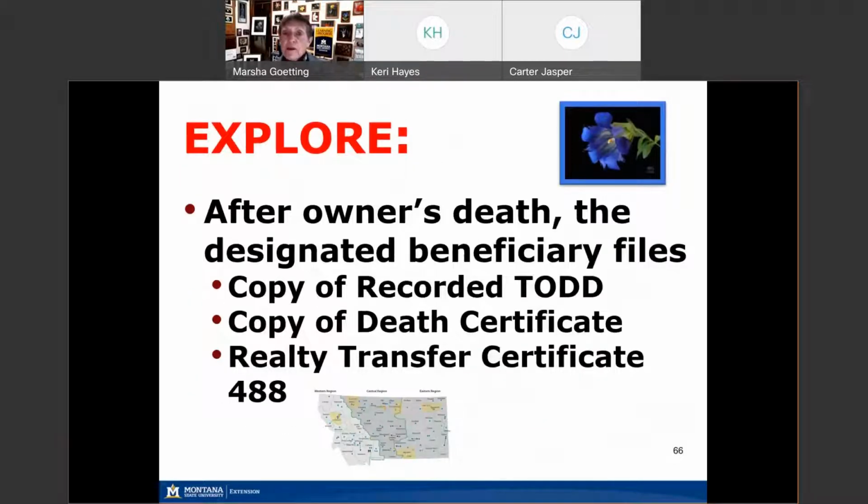And then when a person dies, the beneficiaries take the recorded TODD, the death certificate, and now there's a form, the Realty Transfer Certificate 488. All of this information is in more detail in the MontGuide that's listed at the Fabulous Friday site.